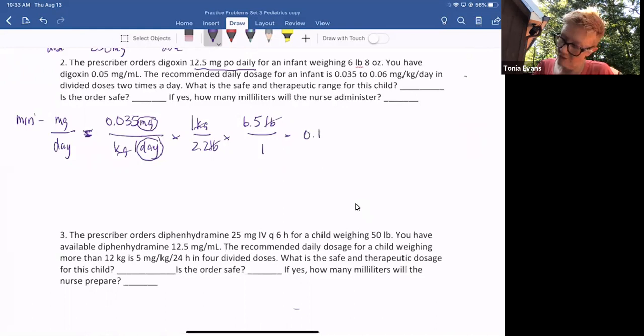It's 0.103. So if I want to round to the hundredths, I'm going to say 0.1 because I don't want to end in a 0. Remember, you don't want that trailing 0 after the decimal point.